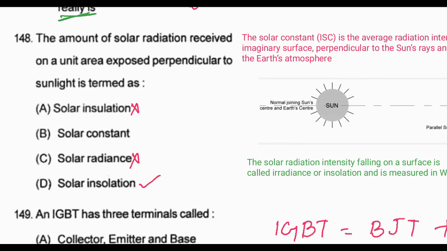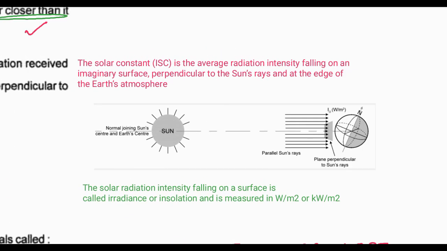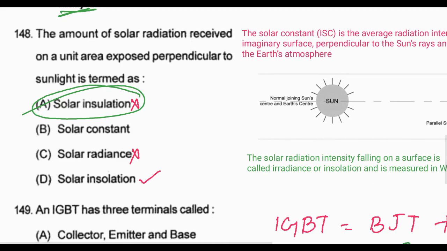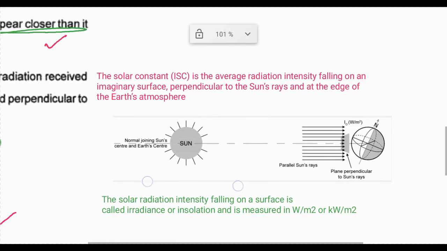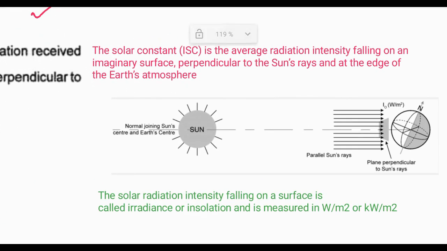So next question is, the amount of solar radiation received on a unit area exposed perpendicular to sunlight is termed as. So this is the solar insolation, not insulation. What is solar constant? Solar constant is the average radiation intensity falling on an imaginary surface perpendicular to the sun's rays and at the edge of Earth's atmosphere.